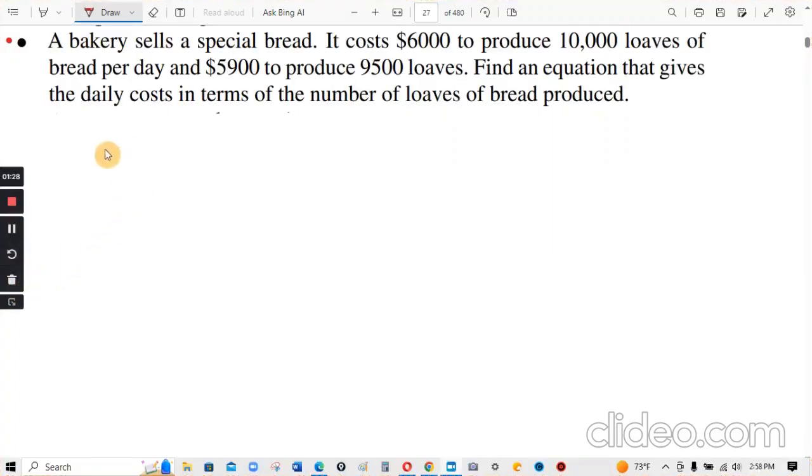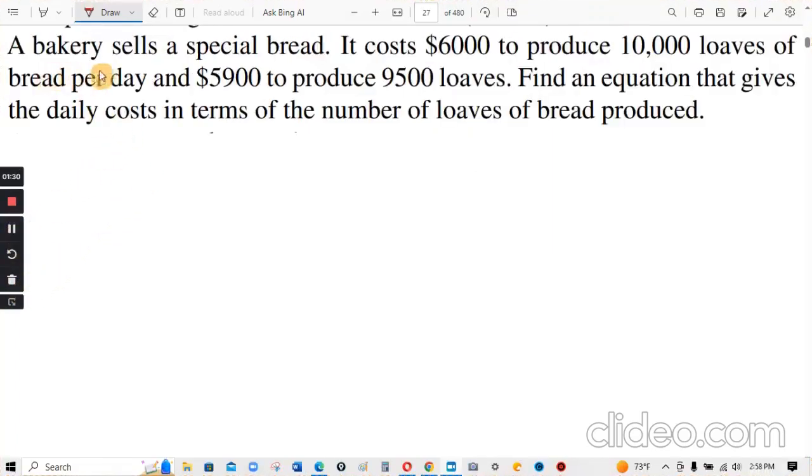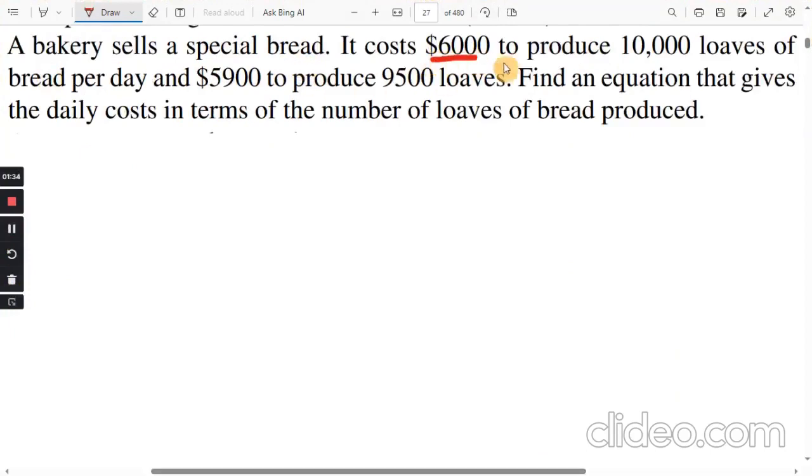All right, example 2. A bakery sells a special bread. It costs $6,000 to produce 10,000 loaves of bread per day and $5,900 to produce 9,500 loaves. Find an equation that gives the daily cost in terms of the number of loaves of bread.